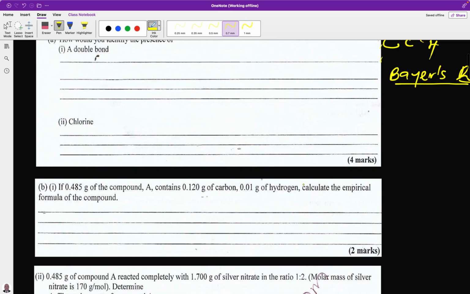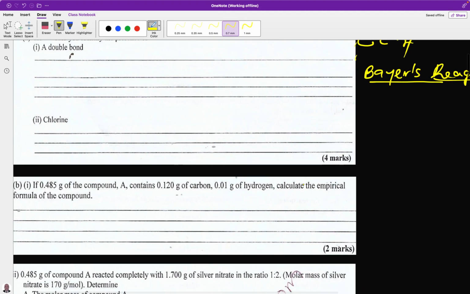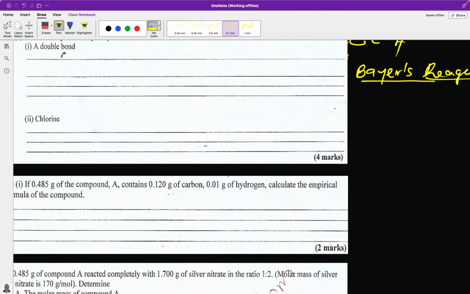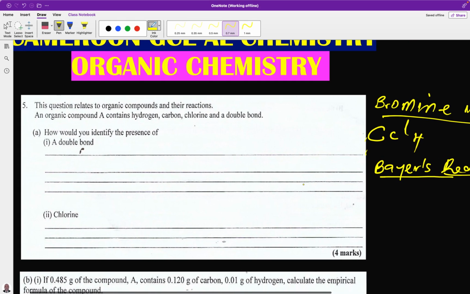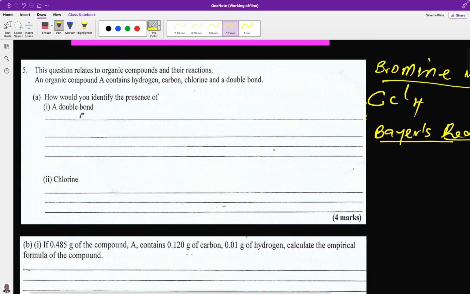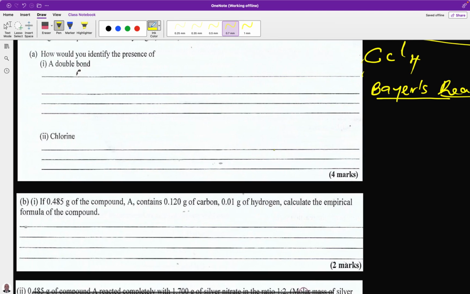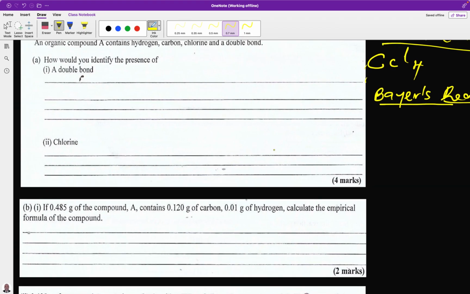There are 4 marks there. The other one is chlorine. How will you identify the presence of chlorine in an organic compound? This organic compound that you were given, how will you identify chlorine? You know that for halides, you want to identify the halide ion, like the chloride ion, the bromide ion, the iodide ion.